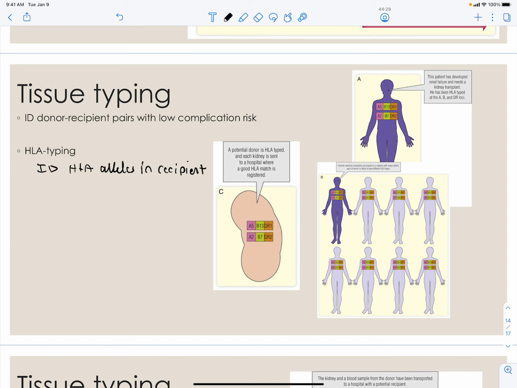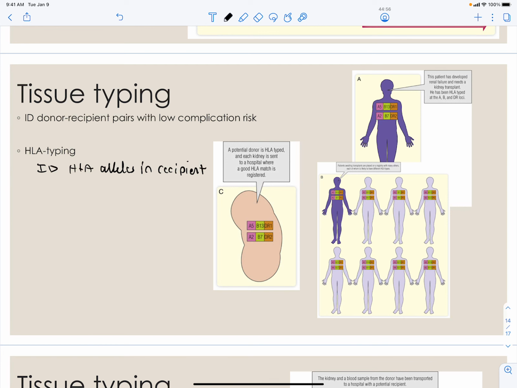And then when the organ becomes available, the donor is typed, and then you search the database for a match. When an organ is extended across a lot of states, the wait time for a matched tissue can be months before a well-matched organ becomes available, so people have to wait.